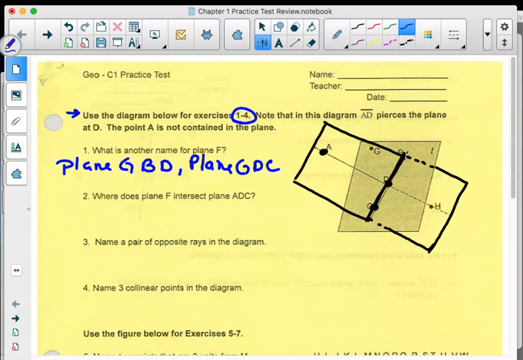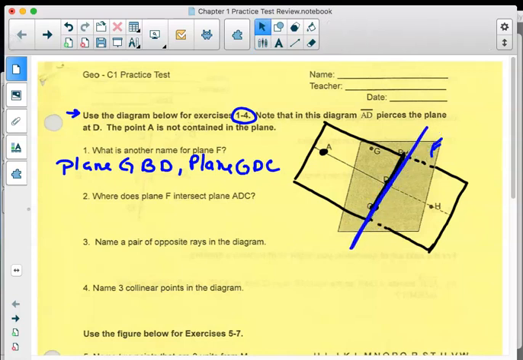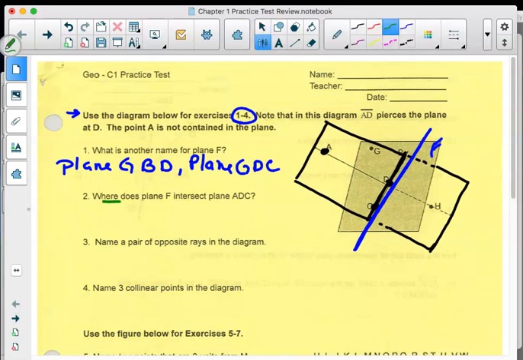Well, plane F and plane ADC intersect at this line. So this line is the intersection, and that's line CD. I could have said line CD, or line DB, or line CB. You've seen the multiple ways I could name that one line, because 2 planes intersect at a line.